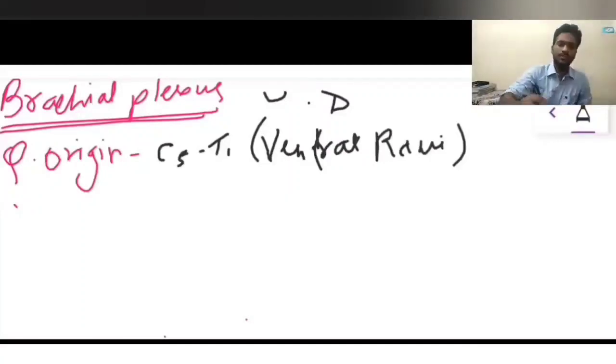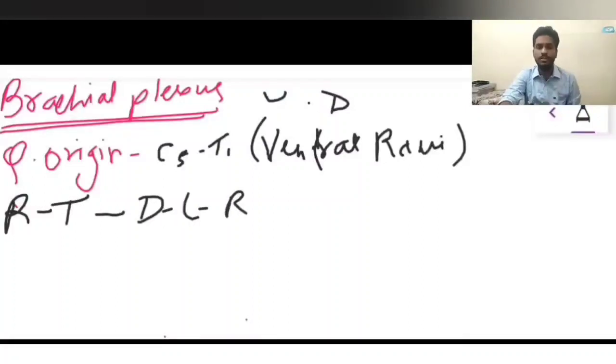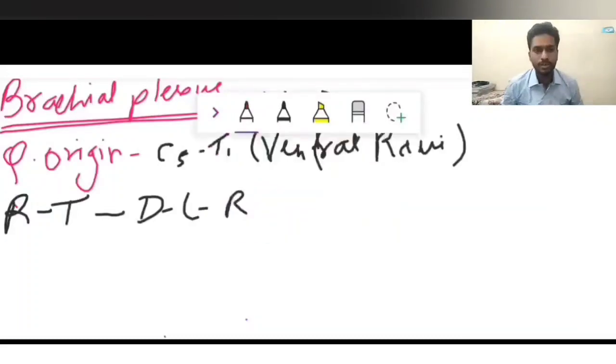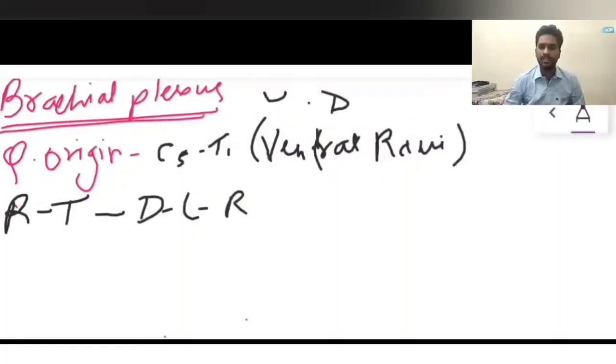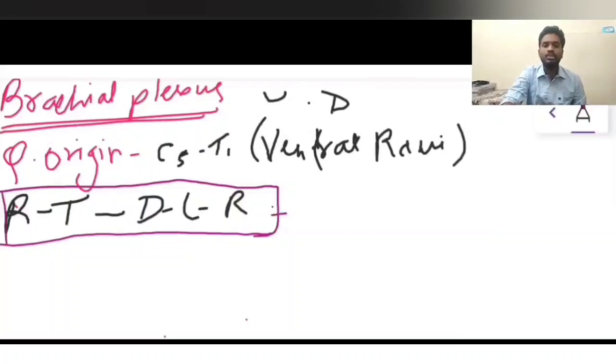Now, getting further, there is a term, RTDCB. Remember this RTDCB for the brachial plexus. It gives the parts of the brachial plexus.